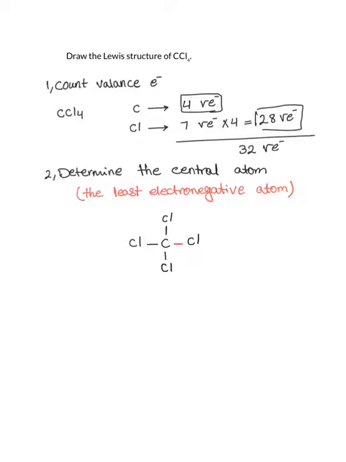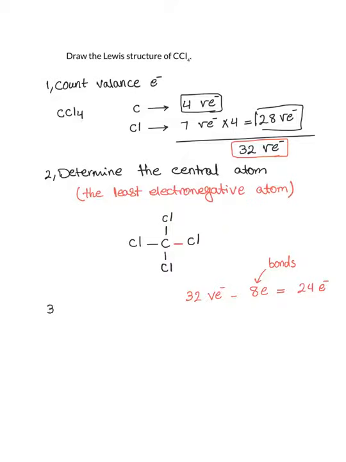That means overall I used 8 electrons out of the 32 valence electrons that we calculated. So 32 valence electrons minus 8 electrons that I used for drawing bonds equals 24 remaining electrons.